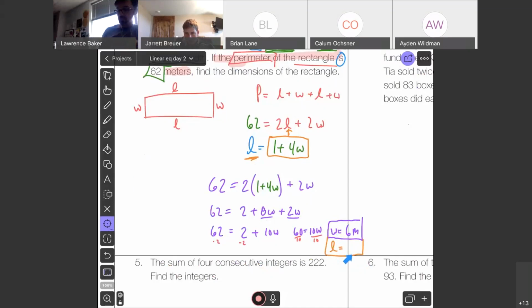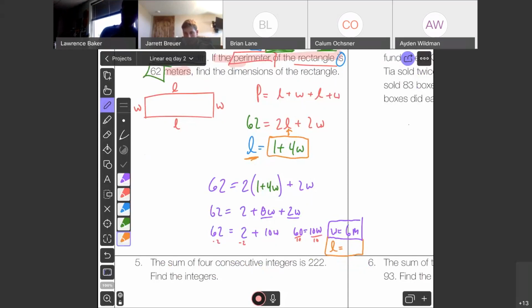Okay, Audrey, sorry, I moved kind of fast there. It's 25. It's what? You kind of cut out. 25, yeah. So 4 times 6 is 24, plus 1 is 25. So 25 meters.